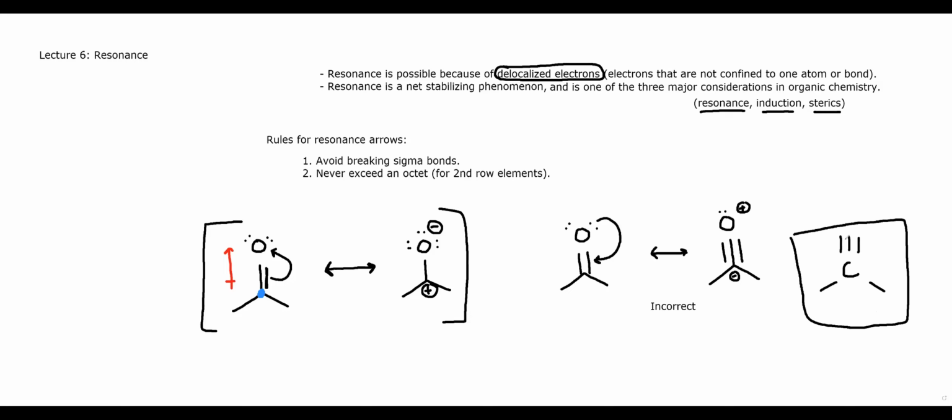Carbon can't have 5 bonds because we break rule number 2. We can't exceed an octet, okay? So we can move electron lone pairs, we can move pi bonds, but just make sure whenever you do, you never exceed an octet, okay? That's really the most important thing to remember.